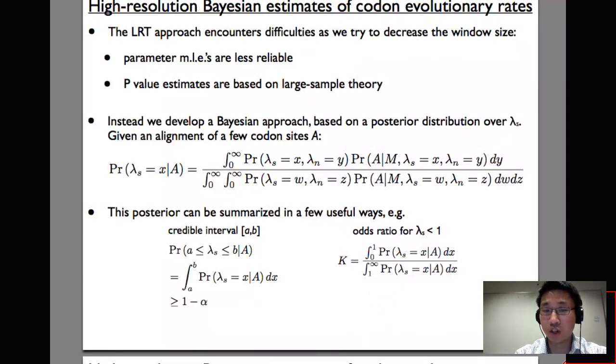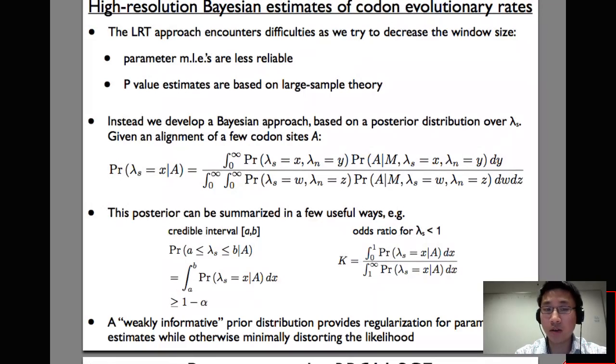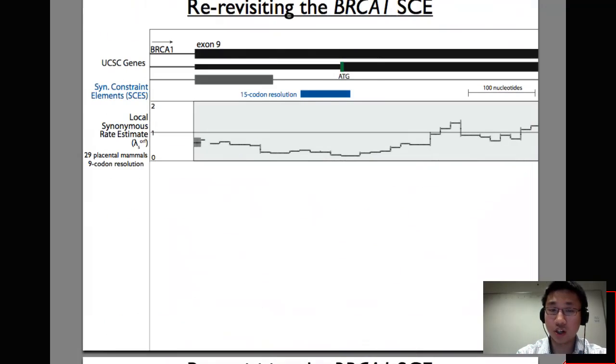So it's a similar approach, but the use of gentle prior information allows us to avoid some of the inherent problems that the maximum likelihood framework runs into when you have very small sample sizes. And then, last slide here, just to revisit this BRCA1 synonymous constraint element, which was the subject of that previous debate.